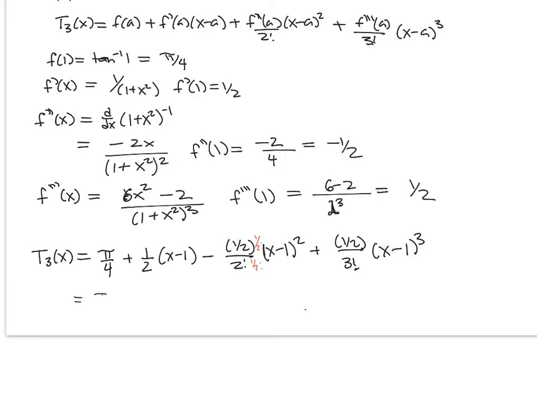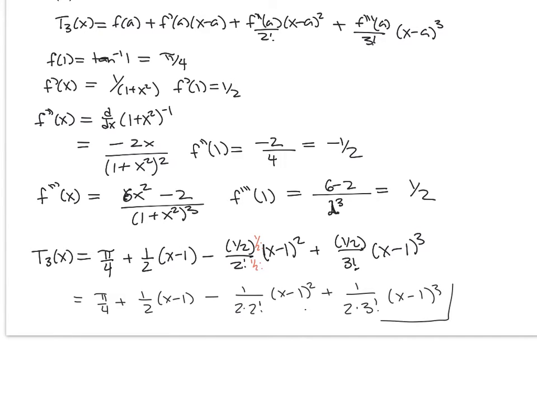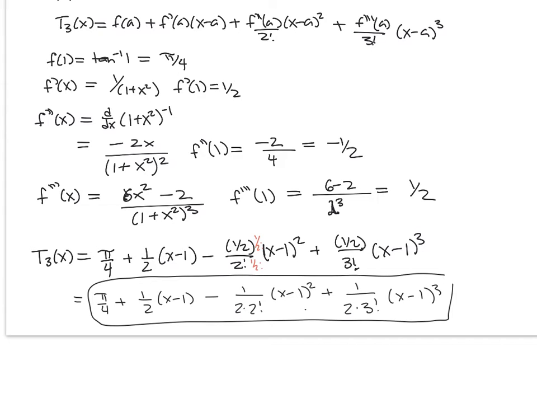So this is pi quarters plus 1/2 times x minus 1 minus 1 over 2 times 2 factorial, x minus 1 squared plus 1 over 2 times 3 factorial, x minus 1 cubed. So there is the third degree Taylor polynomial, and this would be good for approximating arctan at points that are close to 1.